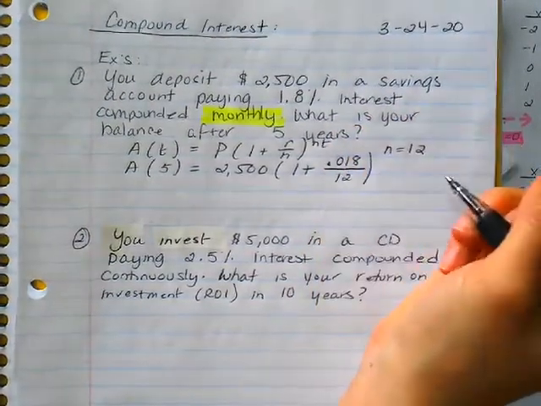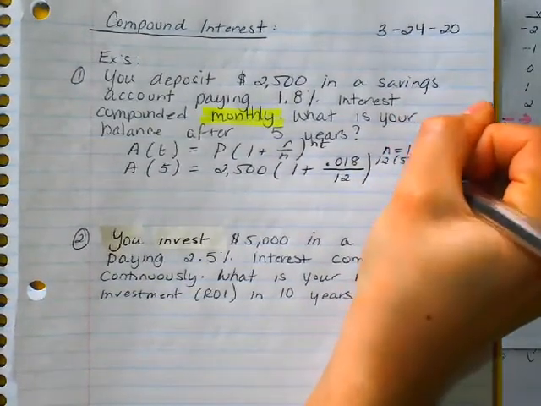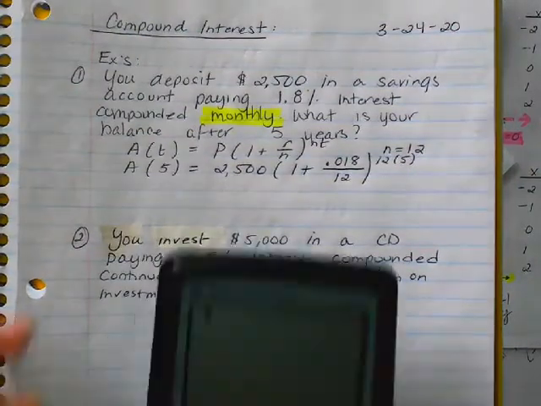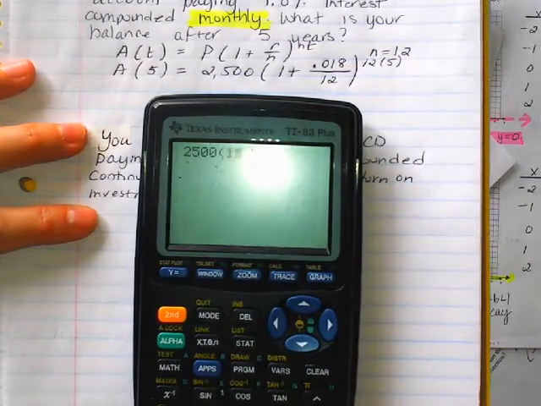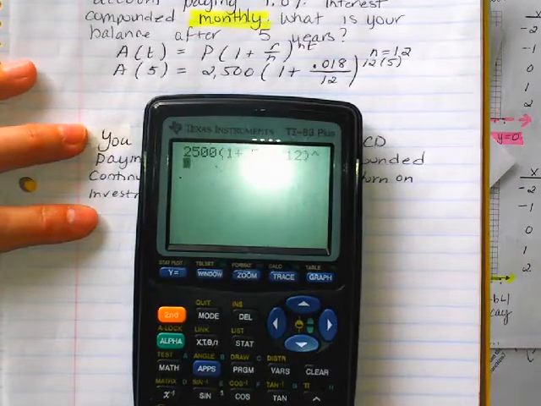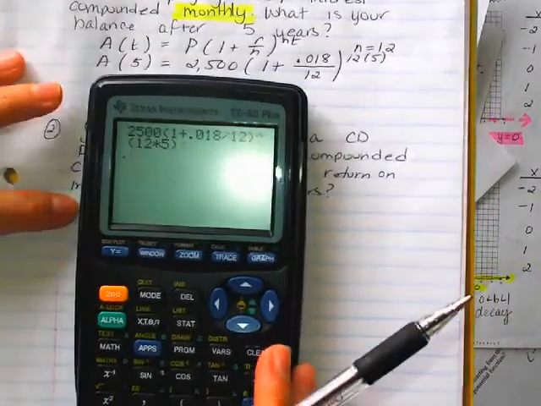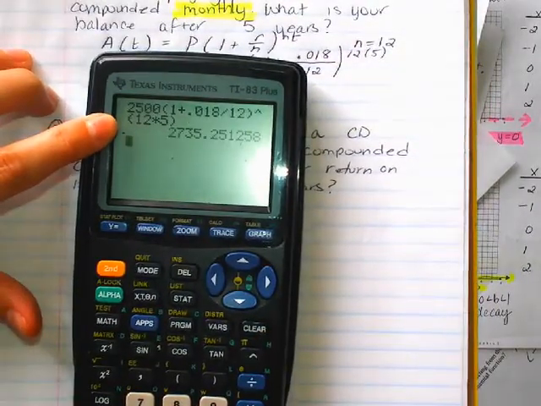It's compounded monthly, so 12 times in a year, raised to the 12 times 5 power. And that entire thing can go right into your calculator. 2,500 times 1 plus 0.018 over 12, raised to the 12 times 5, where I have 12 times 5 inside a set of parentheses here to indicate those belong in the exponent together.